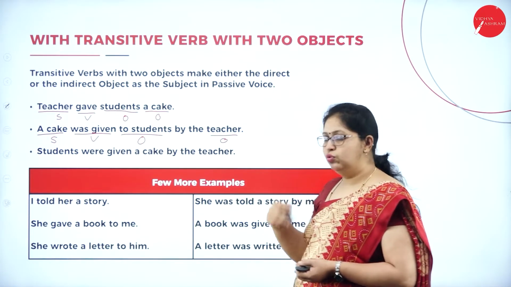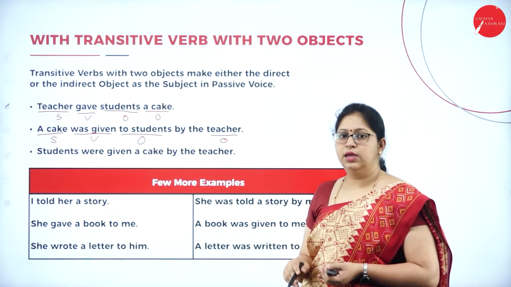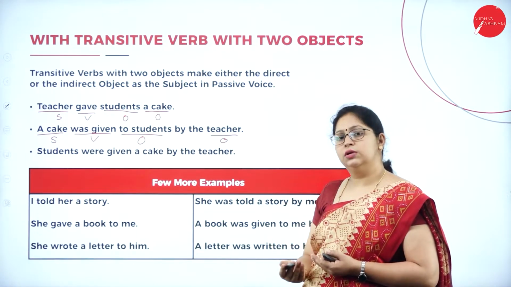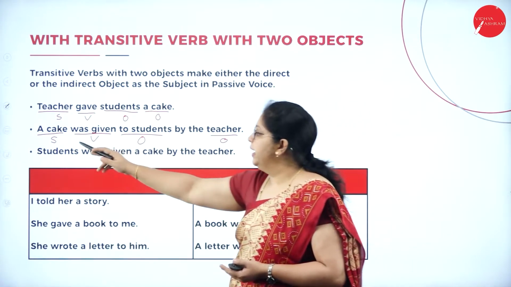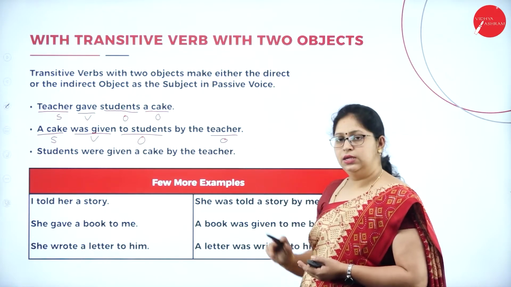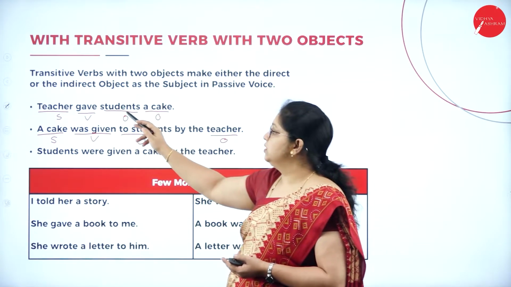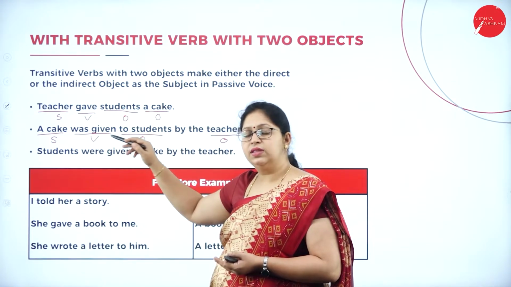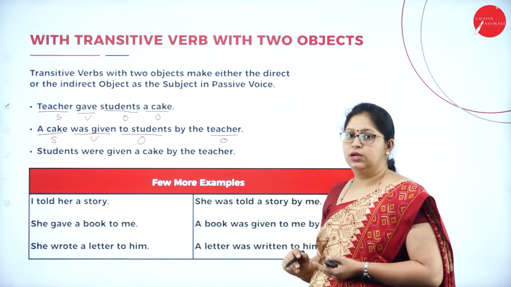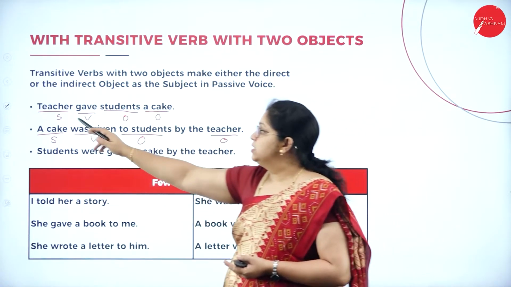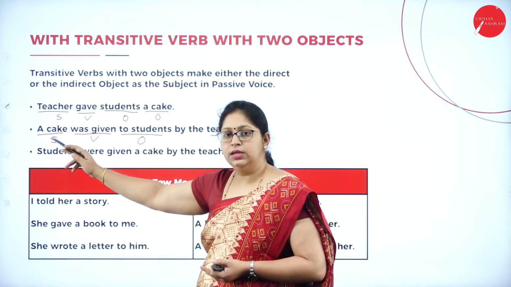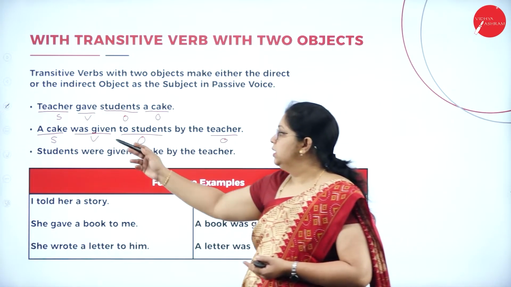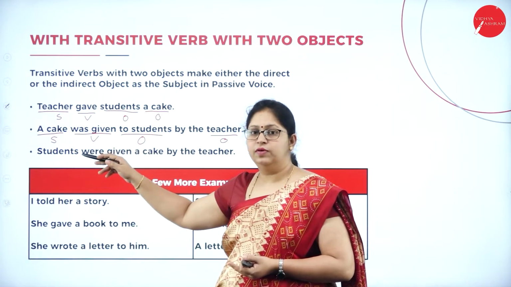There are two objects again. Okay. But here it depends on which you use. Here you have the option: A cake was given to the students by the teacher, or you may start with students: Students were given a cake by the teacher. But remember that the subject should become the object and the object should become the subject, and always it will take the past form of the verb here.